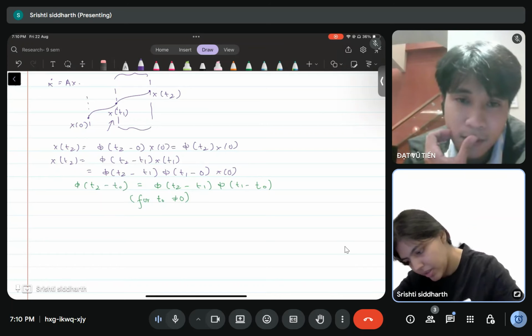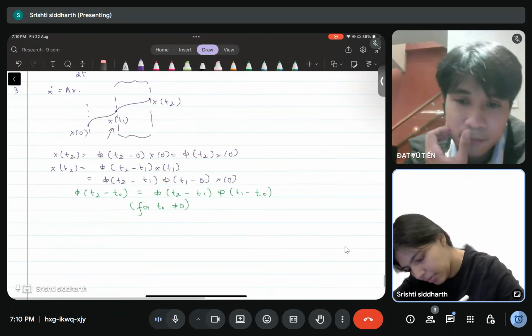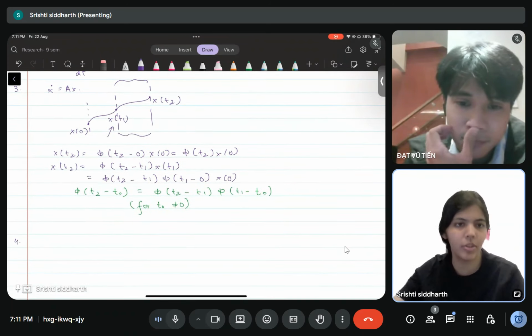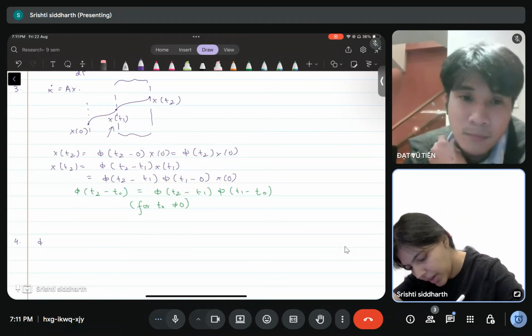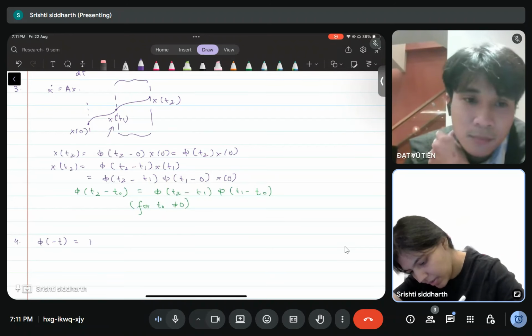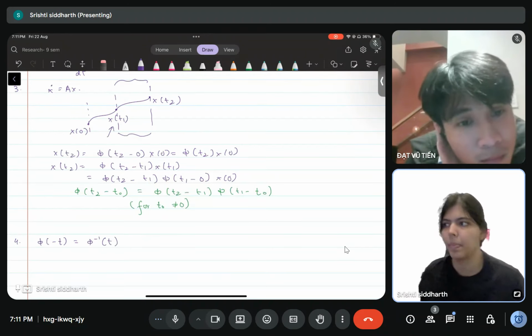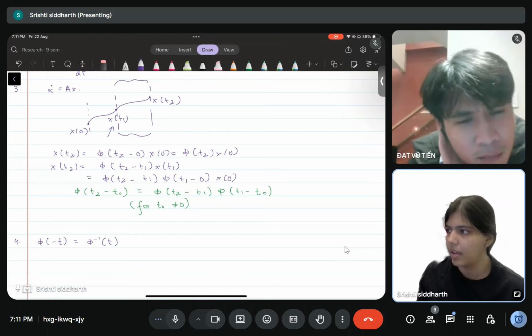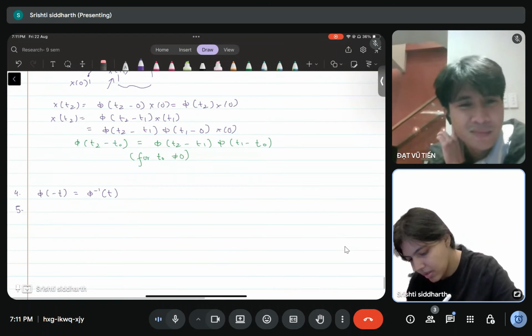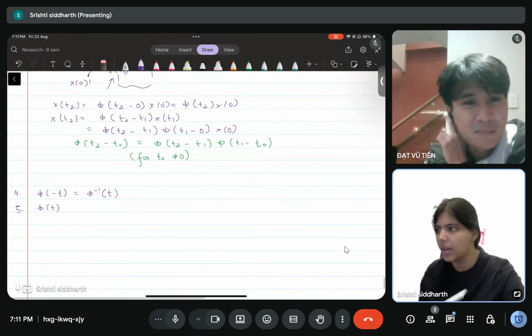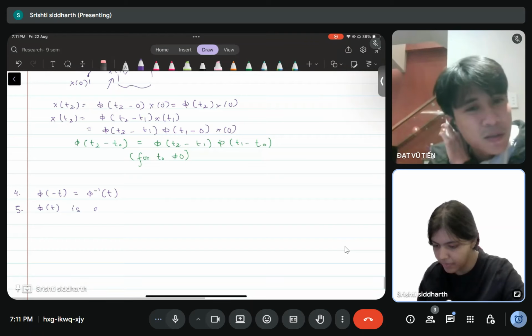There's another property of the state transition matrix that if you go back in time, it's simply the inverse of the state transition matrix, right? So phi at minus t is phi inverse at t. And the last one is that phi t is a non-singular matrix.